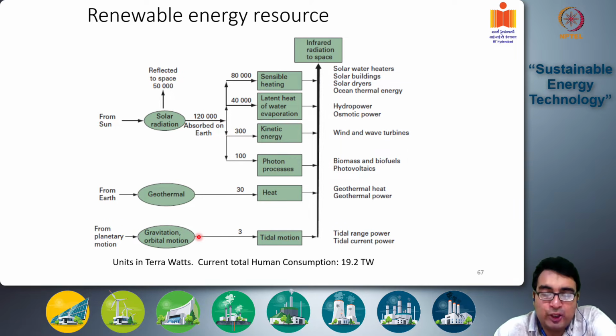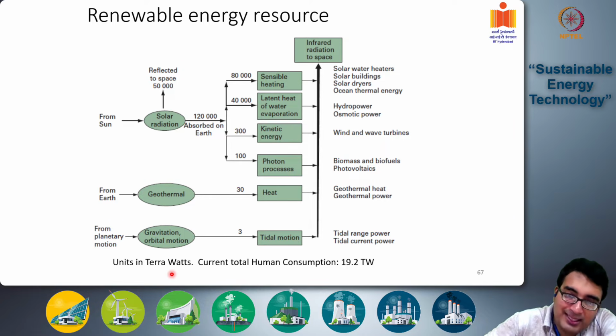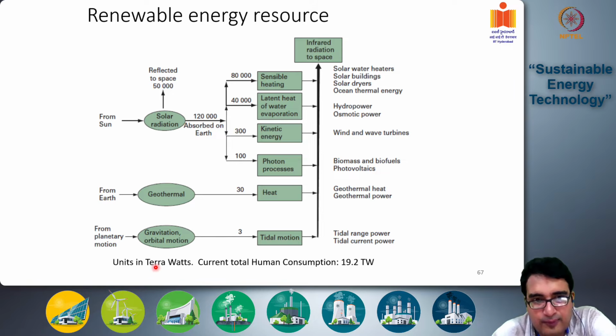How much energy is actually present from these three sources? Here the unit is the unit of power in terawatts. So mega, giga, tera, exa, right? It's in terajoules per second. So how much energy per second is coming to Earth on average from all these sources?